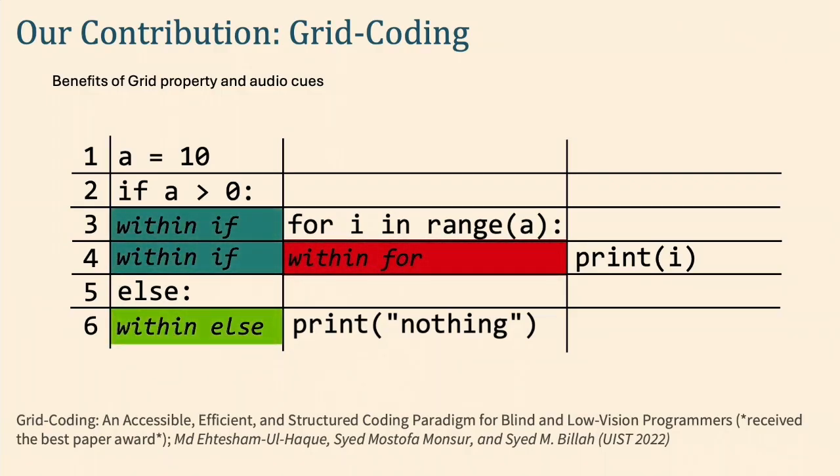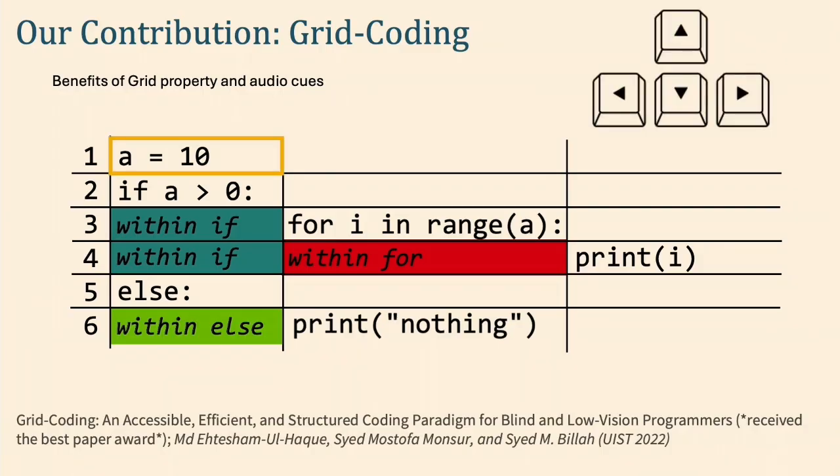We replace any visual cues like empty space with a semantically meaningful tag, like here it is saying within if. That's the meaning of the space in the original code snippet. Then because it's a linear grid structure, someone can only use arrow keys, up arrow, left arrow, right arrow, to navigate this layout. We offer helpful cues to indicate that you made a transition.